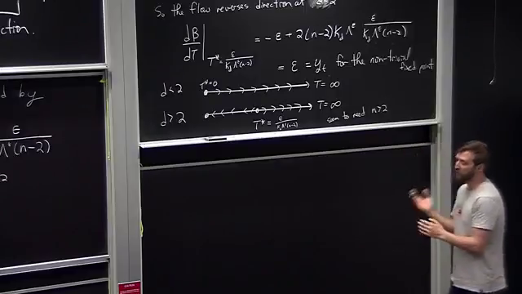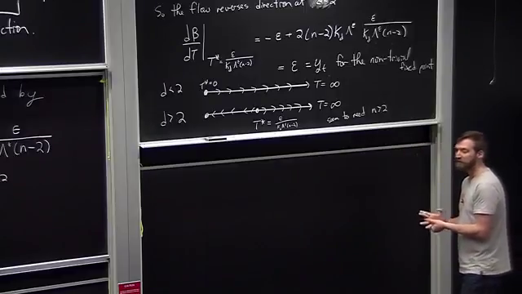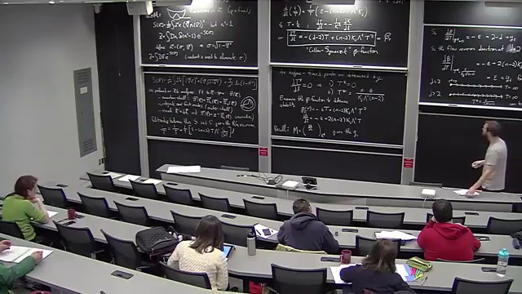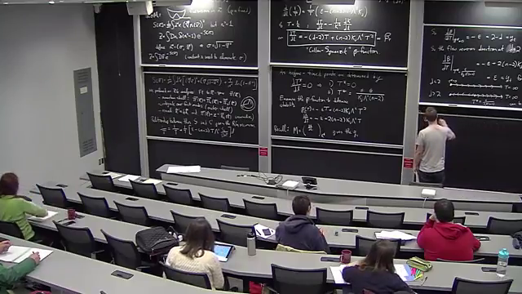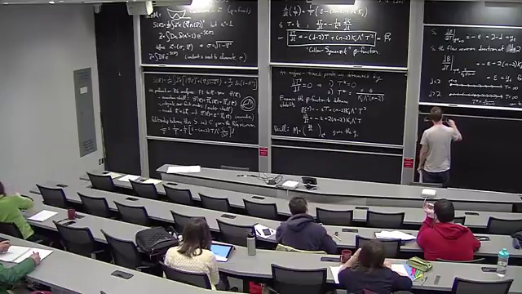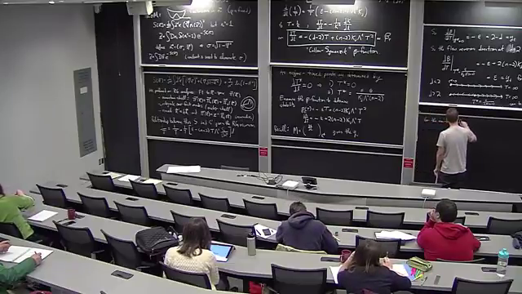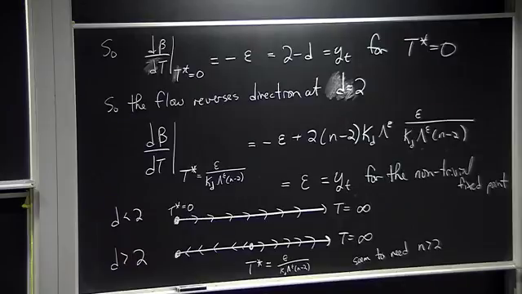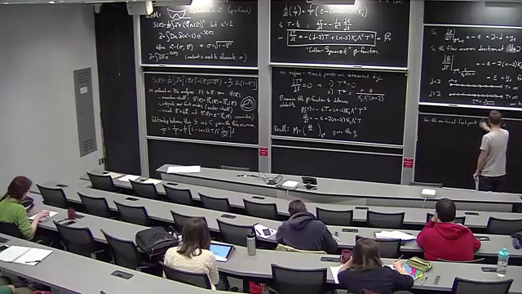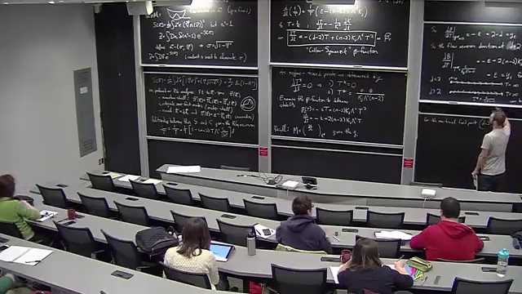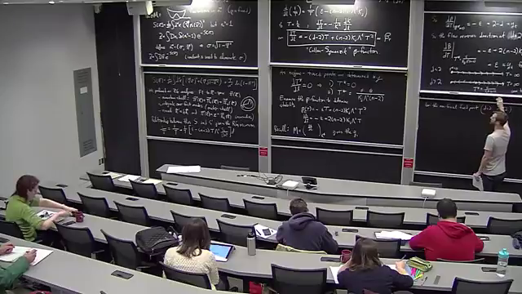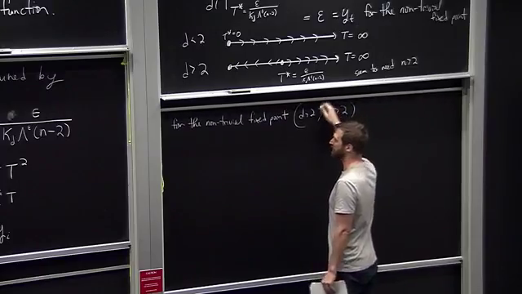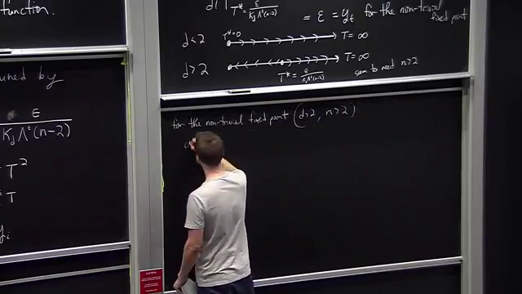So for d greater than 2, n greater than 2, you get a non-trivial fixed point. You can calculate the exponents, although what you get in first order in epsilon isn't very enlightening, but still it's possible.